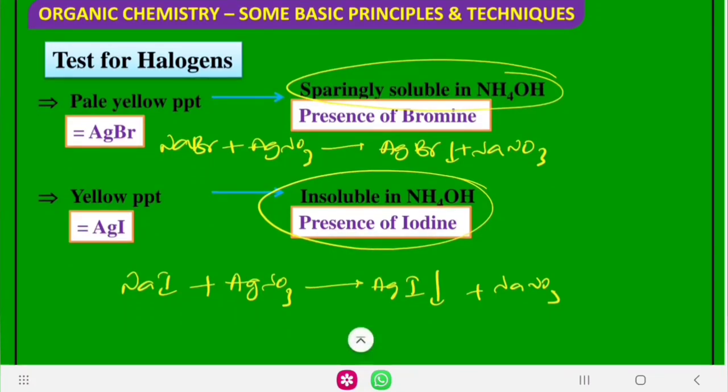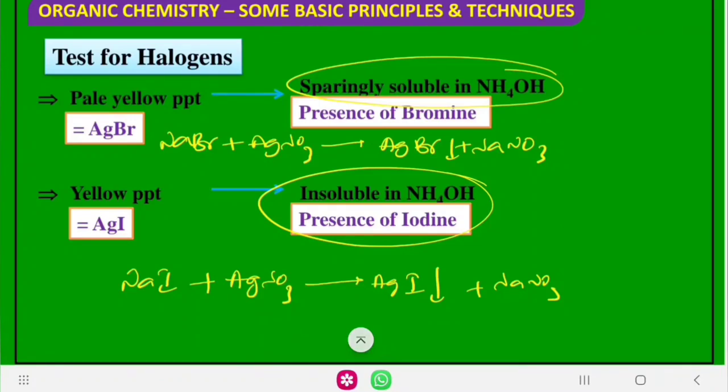It indicates the presence of bromine. The next one is sodium iodide with AgNO3, forming silver iodide, AgI. A silver iodide precipitate is formed. It is insoluble in NH4OH, ammonium hydroxide. It indicates the presence of iodine.